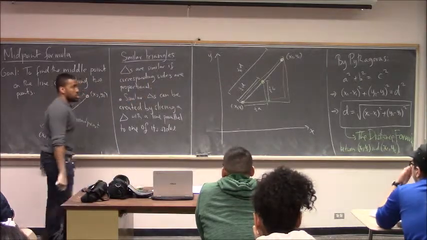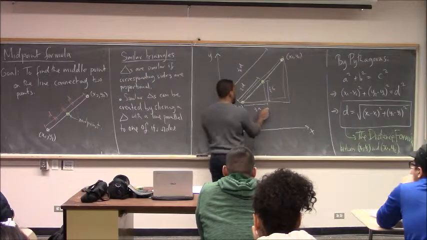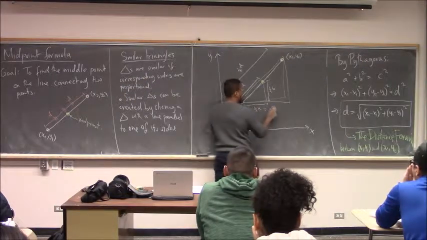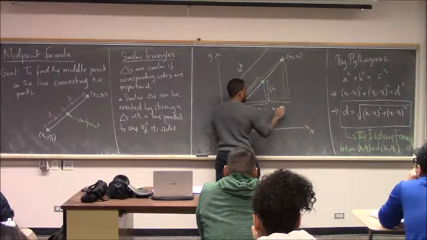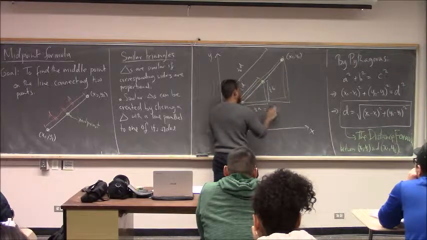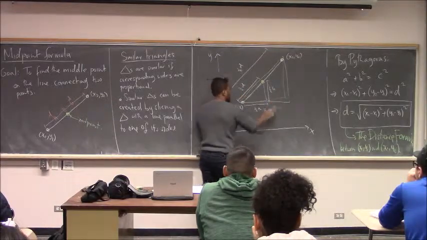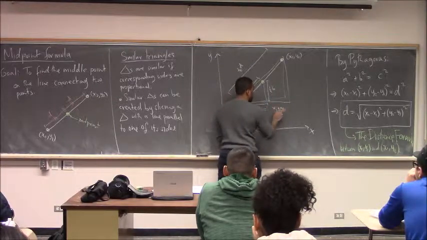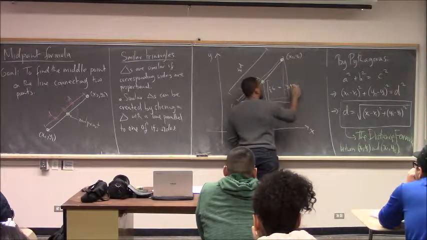Right? Because all sides will be proportional. In other words, this side, we know the length of A is actually x2, it's going to, well, ultimately it's going to become x1 plus x2 all over 2. This one would become y1 plus y2 all over 2.